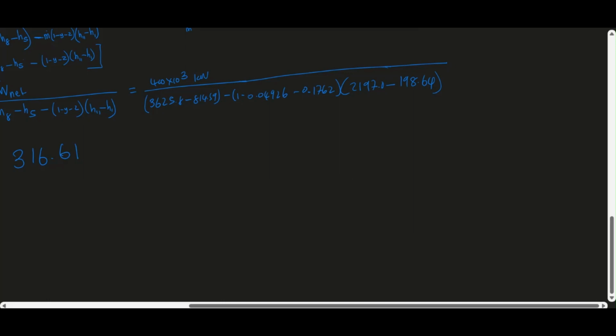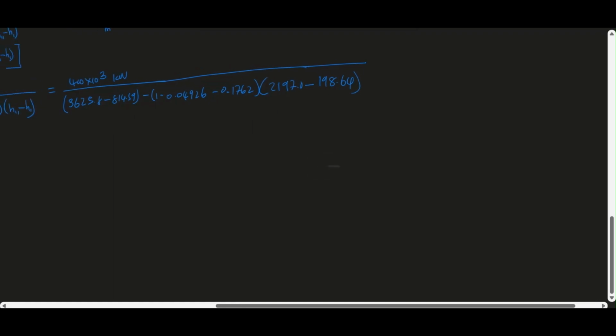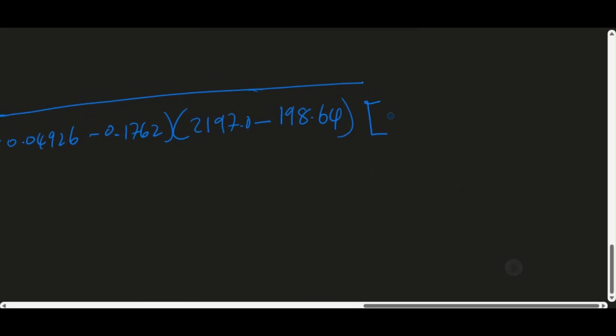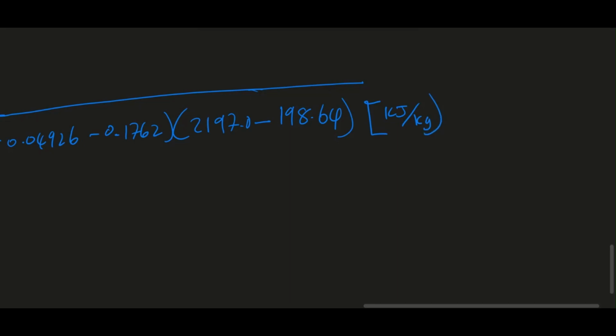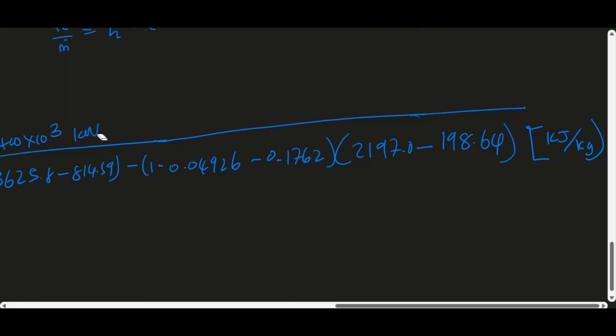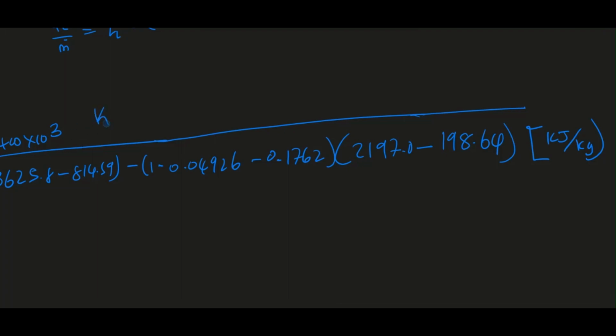We have kilowatts up there, and down here we have kilojoules per kilogram. A kilowatt is the same thing as kilojoules per second.